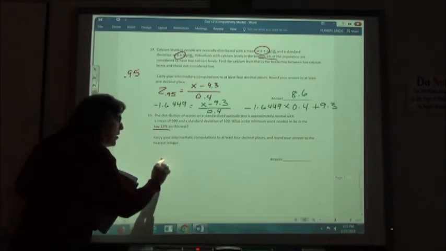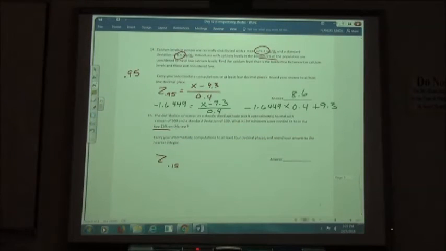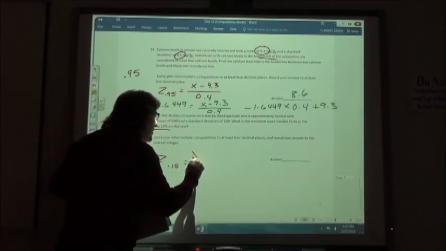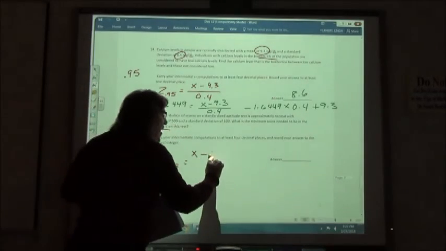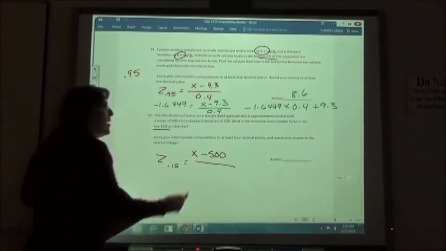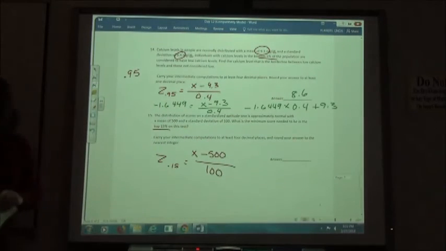So if it's the top, we're just going to use the Z sub 0.15 because that does the greater than when we calculate it. Equals X minus my mean, which is 500, over my standard deviation, which is 100, right?